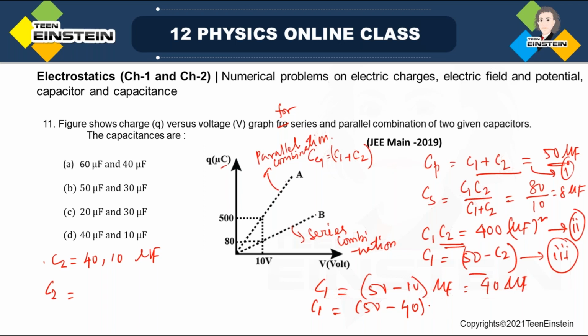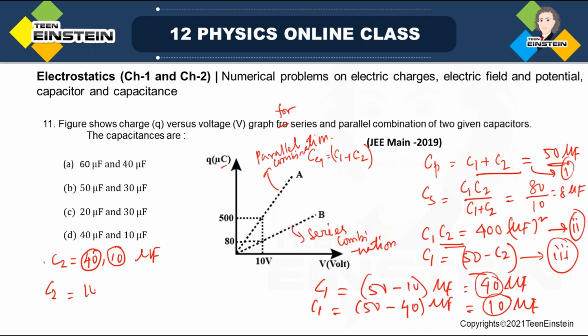Okay, so look, if you take 40 over here, you have to take 10 over here. If you take 10 over here, then you have to take 40 over here. So look, what are the options? If either of them is 40, then the other one must be 10 microfarad. That is the inference we can get. Take 40, then we get 10 microfarad. If we take 10 here, then 40 microfarad.